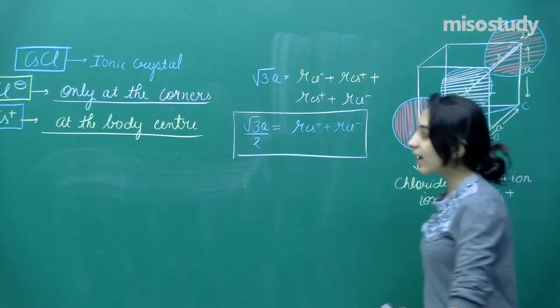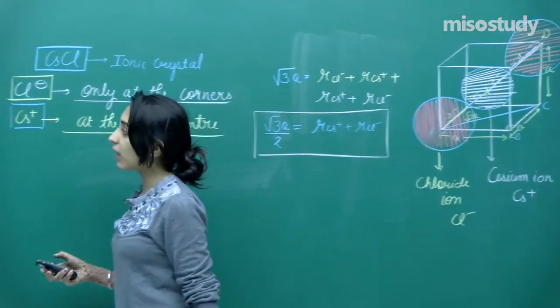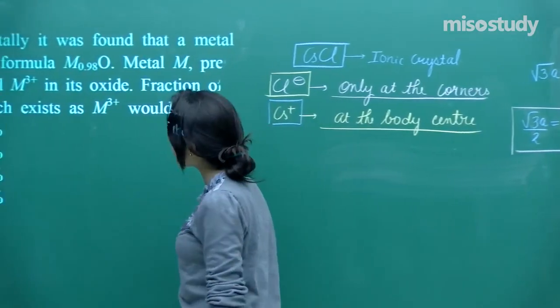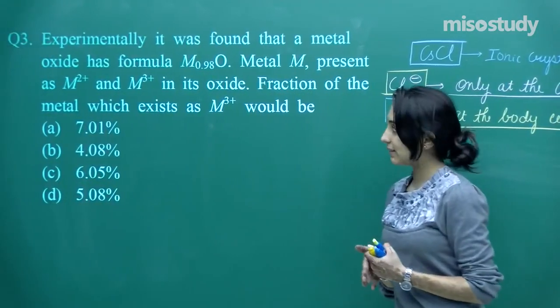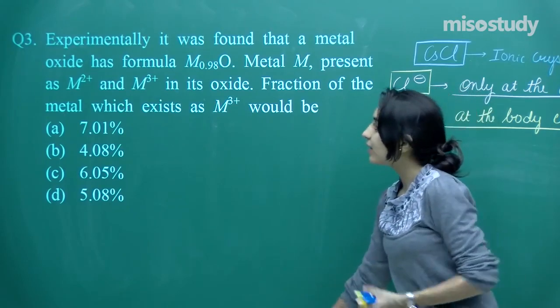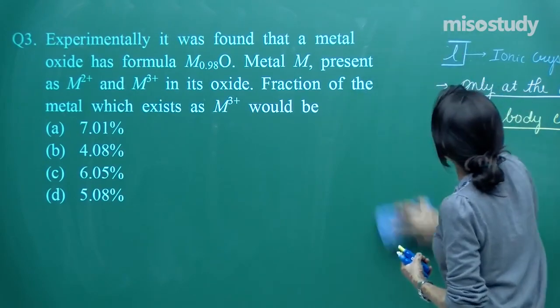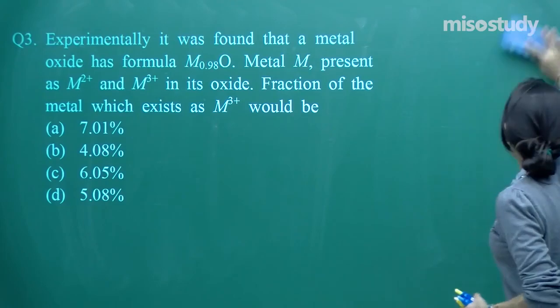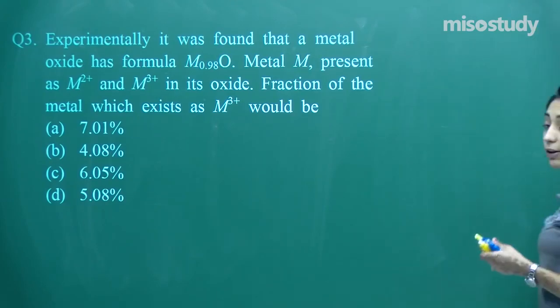Okay guys, having done with the second question, it's time to move on to the third question. The question says that experimentally it was found that a metal oxide has the formula M0.98O.